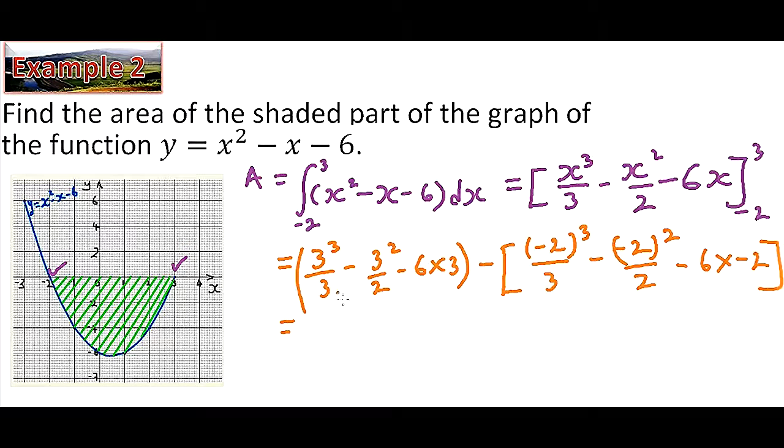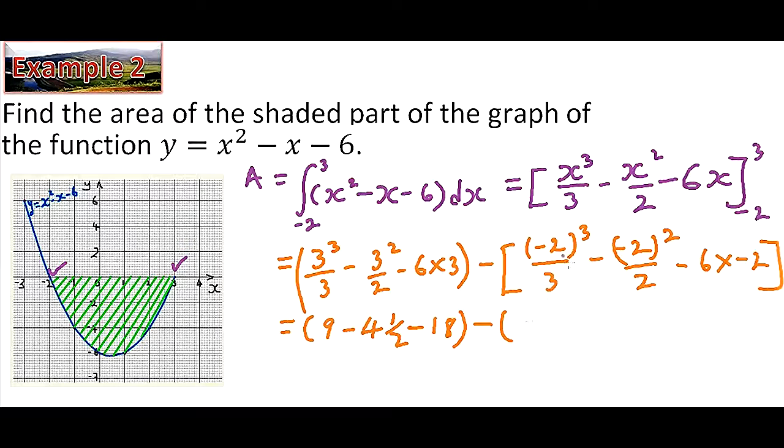So from this side, this will be 9, this is 27 divided by 3. We will get 9 minus, this is 9 divided by 2, we get 4.5, minus 18, close the bracket. This is minus.